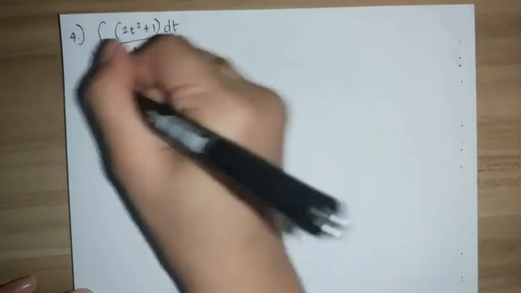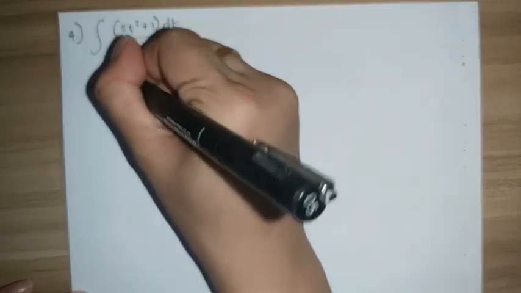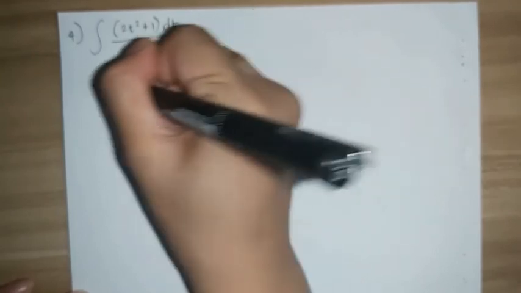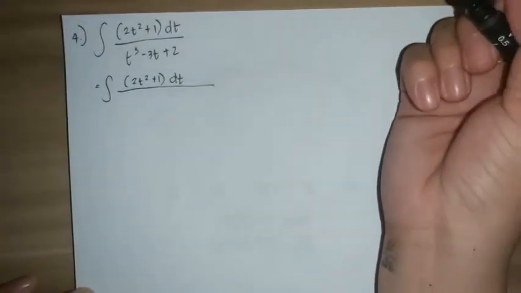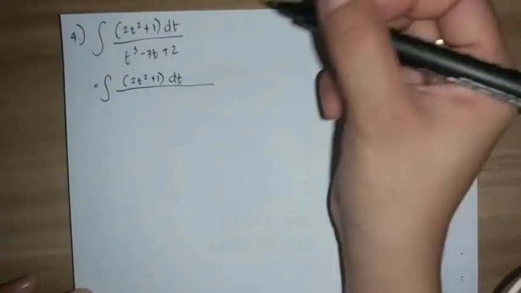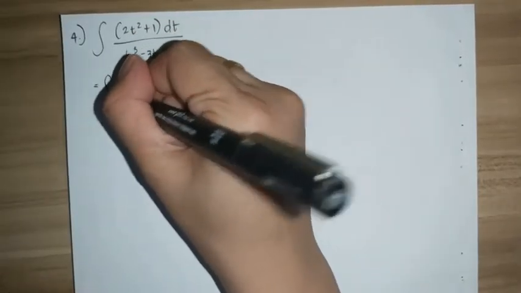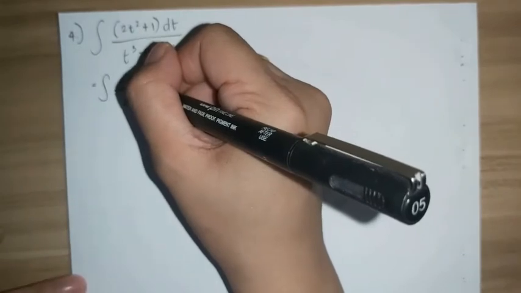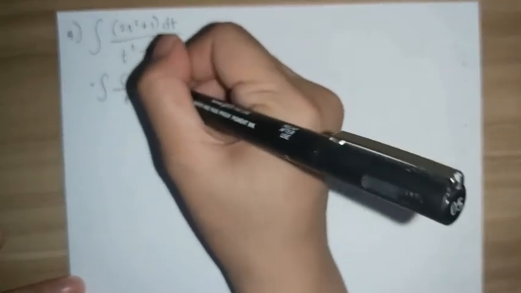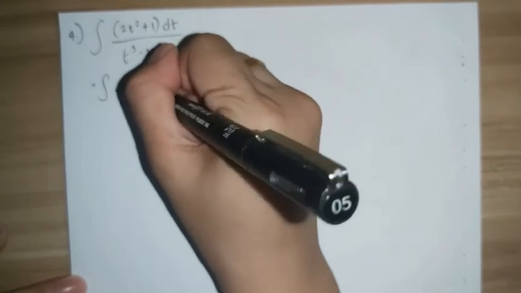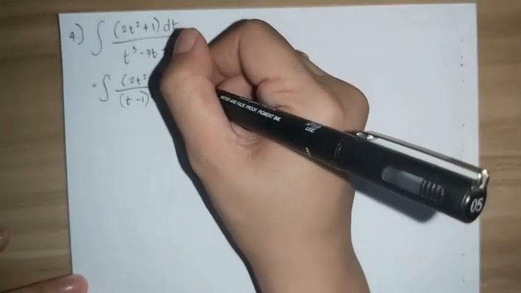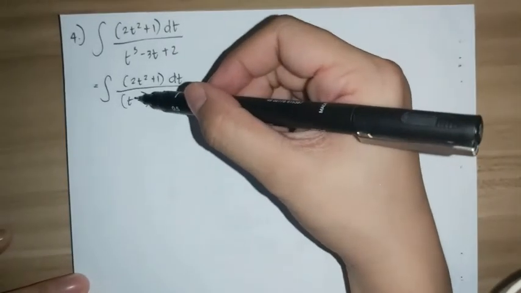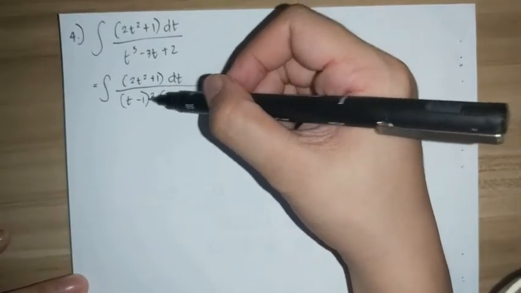We have here quantity 2t squared plus 1 dt all over t minus 1 squared, times t plus 2, right?